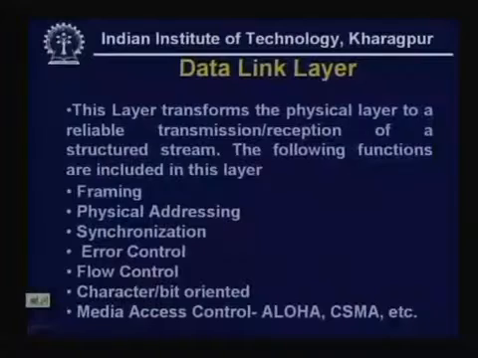The raw stream is transformed into reliable transmission and reception of a structured stream, and here are the functions performed: framing, physical addressing, synchronization, error control, flow control, and it also decides whether the transmission will be character oriented or bit oriented. And as we shall see, whenever communication takes place among multiple people, it will do medium access control. That means a medium is shared by a large number of people.